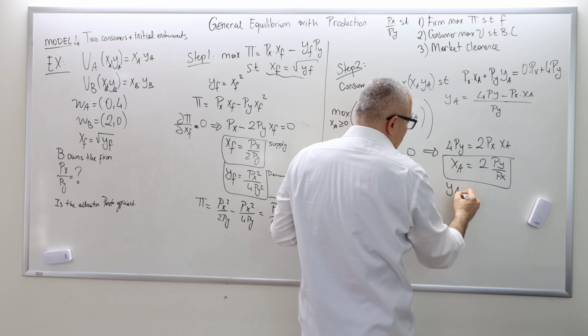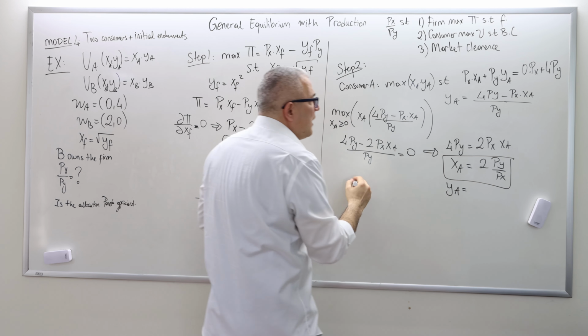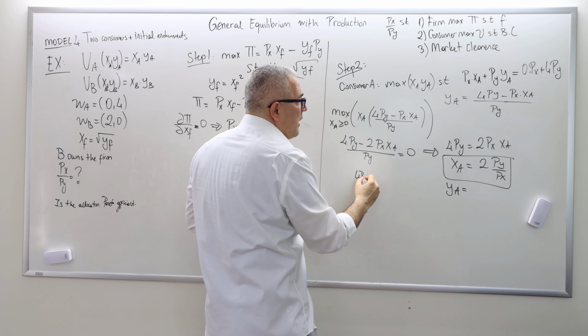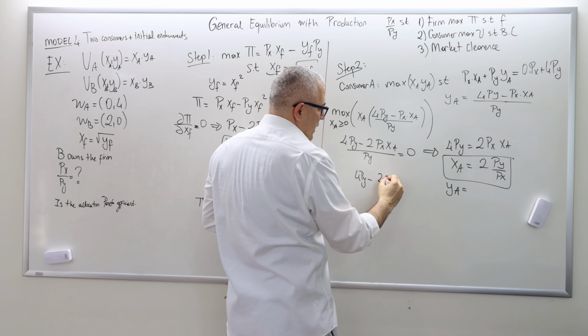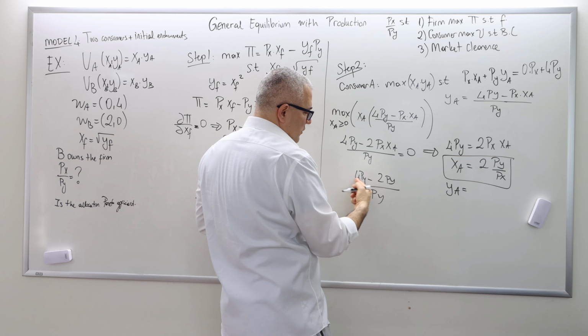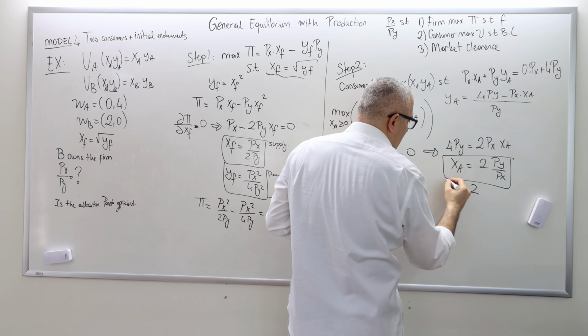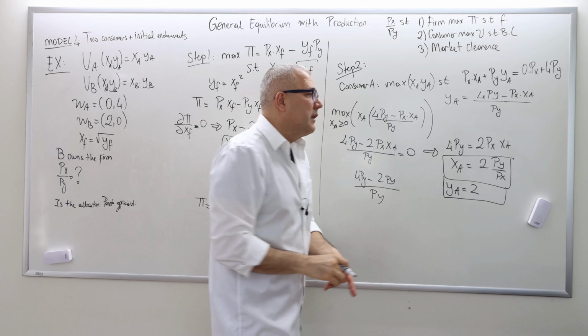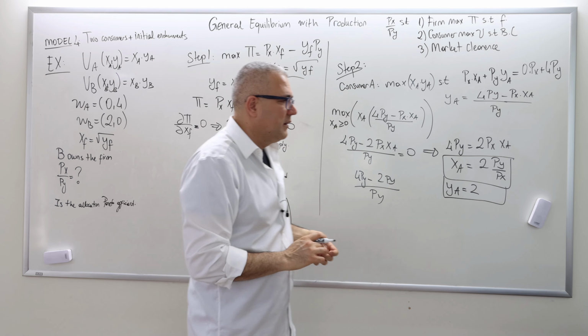Well, her demand for good Y is therefore this thing, which is 4PY minus PX times this, which is 2PY divided by PY. So it's 2PY divided by PY, so it's 2. Well, let's be clear so that I don't make any mistake here.